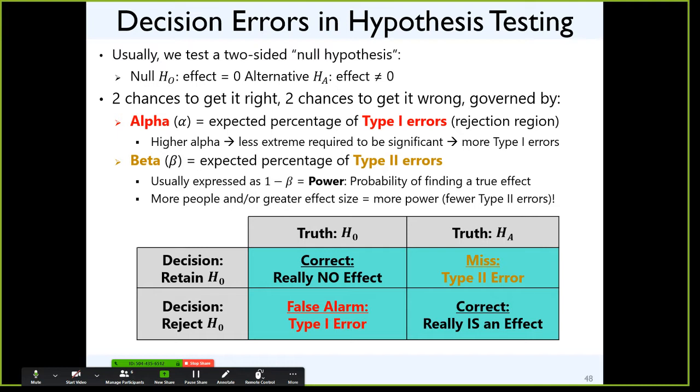There really is an effect, you just missed. So if we decide to reject the null, if we decide to say I have significance, then I have to worry that I'm making a type 1 error. If I decide the other way, if I retain the null, I say non-significance, then I have to worry that I've missed something, and that's a type 2 error.